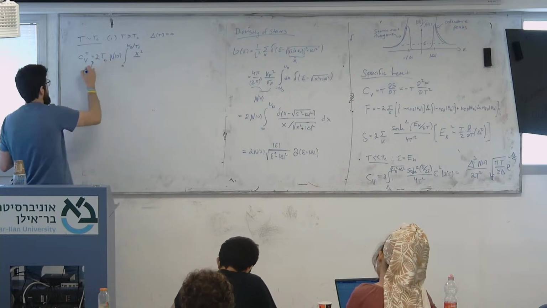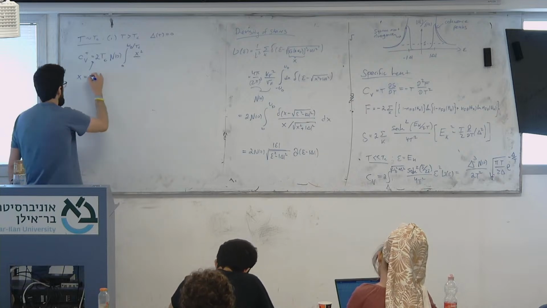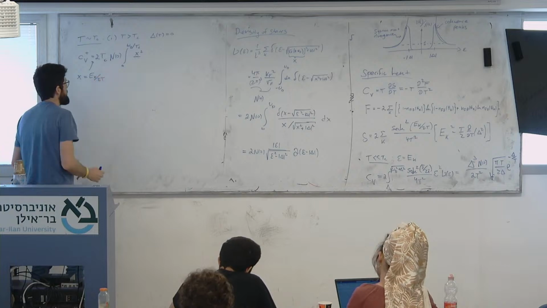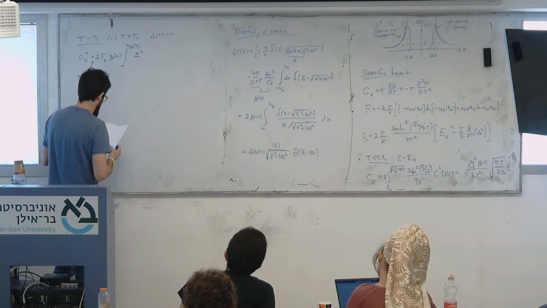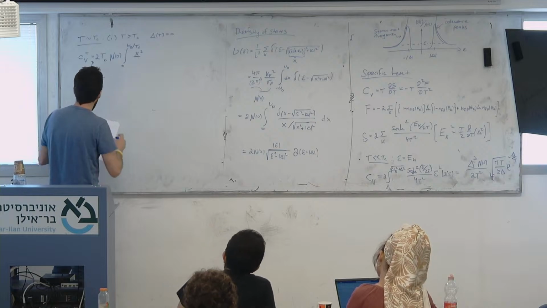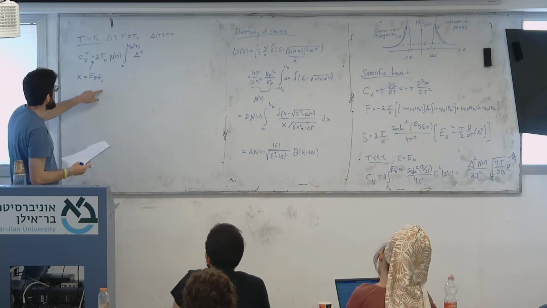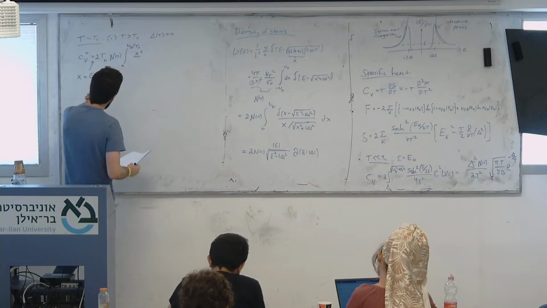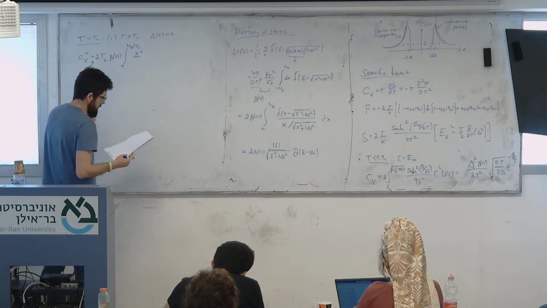Here x is the same x as before, x is Ek divided by 2T, it's Ek divided by Tc. This is what we're going to take, and Ek goes up to omega D pi. This is our cutoff.